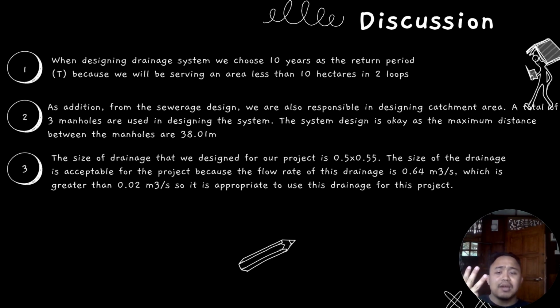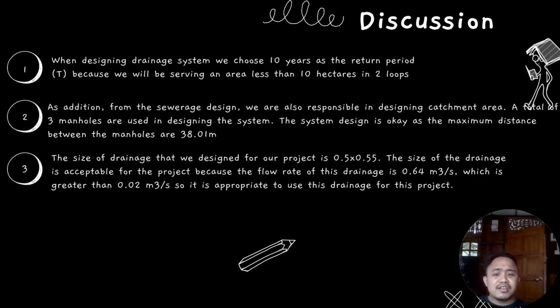A total of 3 manholes are used in designing the system. The system design is okay as the maximum distance between the manholes is 38.01 meter. The size of drainage that we designed for our project is 0.5 times 0.55.